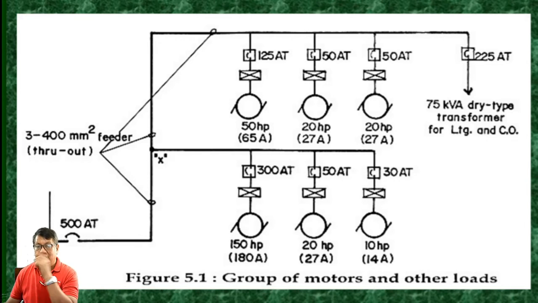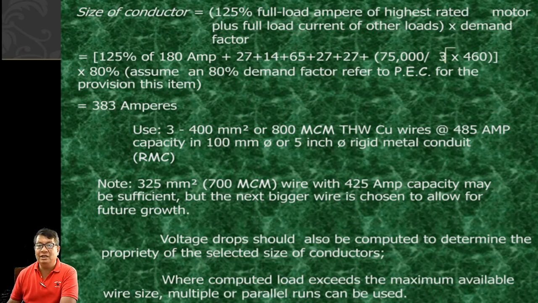Okay, itong una dito, yung pinakamalaki na load dito, ito po 180 amperes, no? 150 horsepower. So mayroon tayong 180 amperes, pinakamalaki. We have this 27, 14 amperes, 65 amperes. We have 27 amperes and another 27 amperes. So yung 180 yun, i-multiply natin ng 125%. Plus sum up natin yung 27, mayroon 14, mayroon 16, mayroon 27.